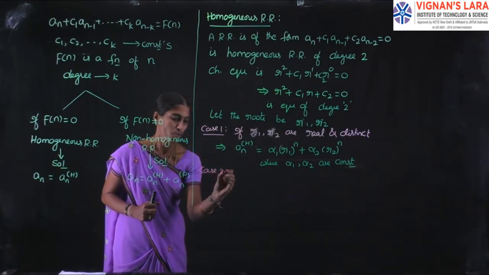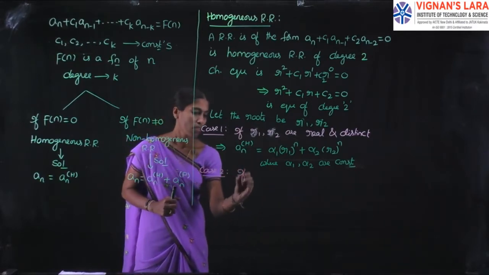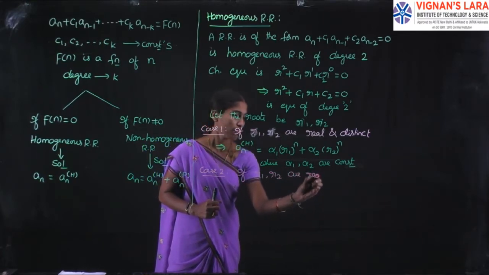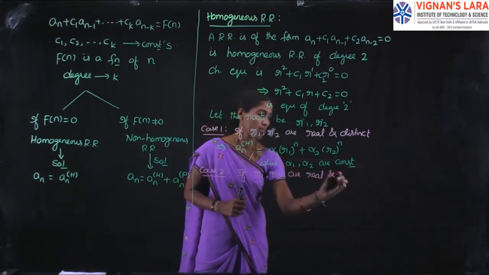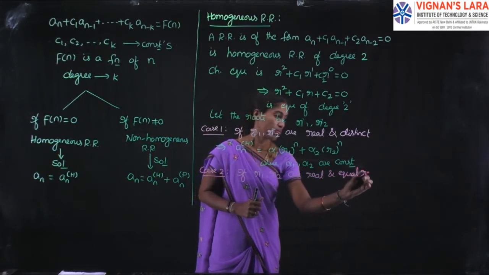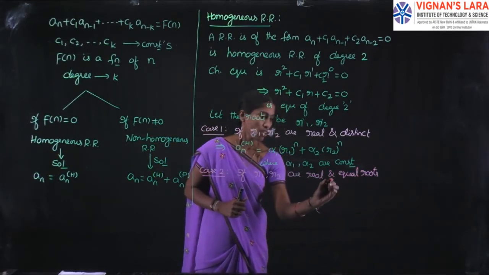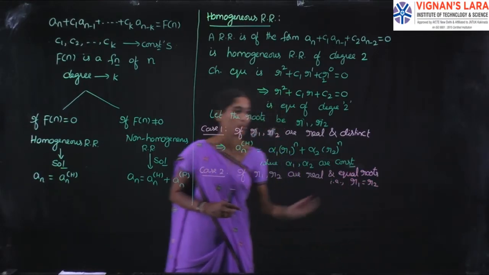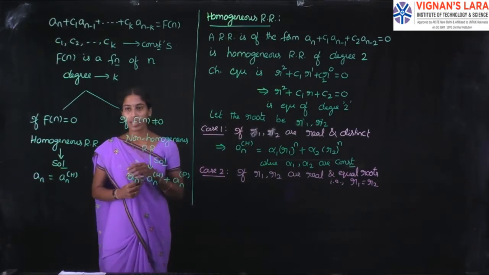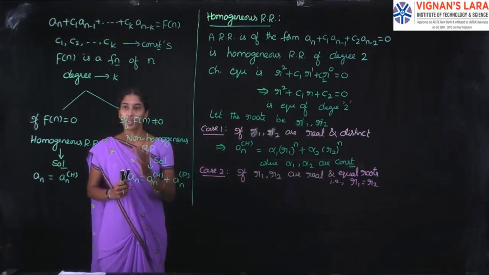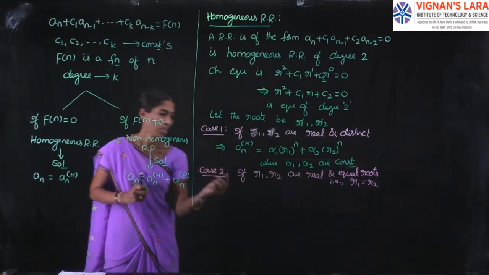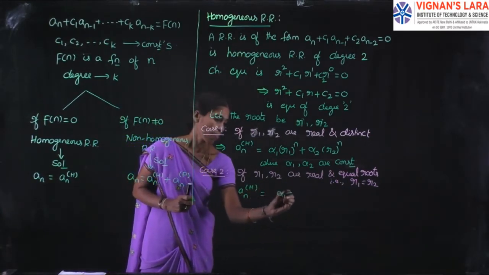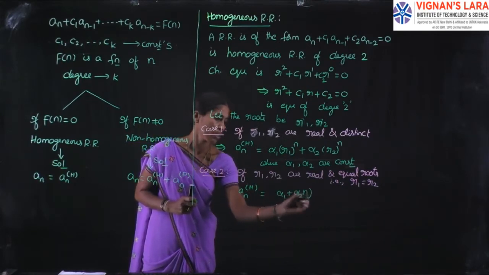Now case 2: if r1 comma r2 are real and equal roots, that is r1 is equal to r2. If those two roots are real but both are the same, like 2 comma 2 are roots, then a_n(h) is equal to alpha 1 plus alpha 2 n.